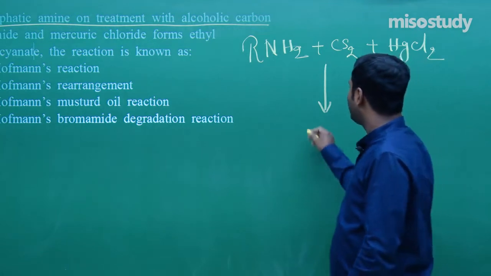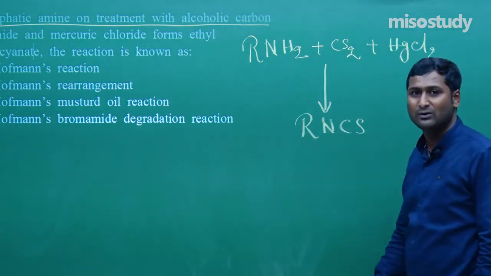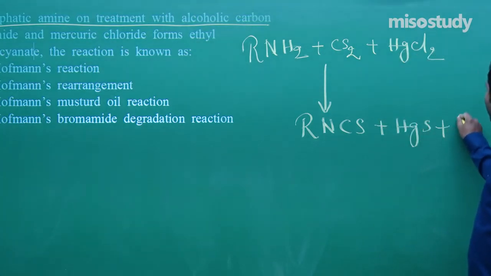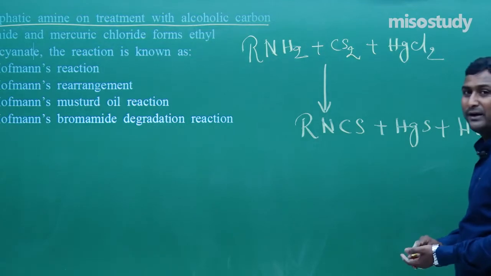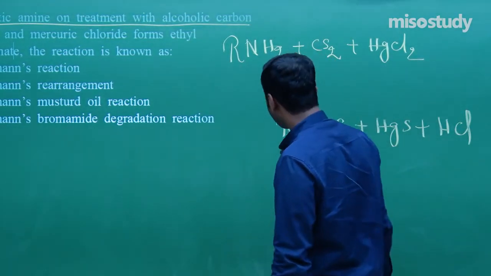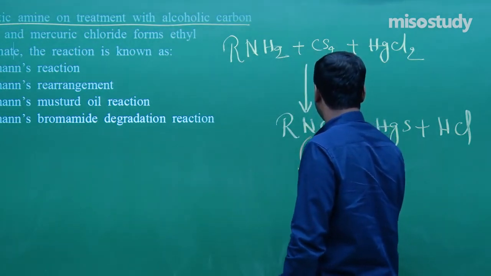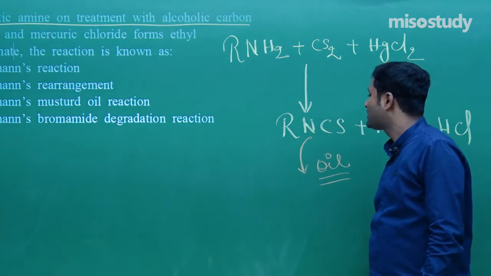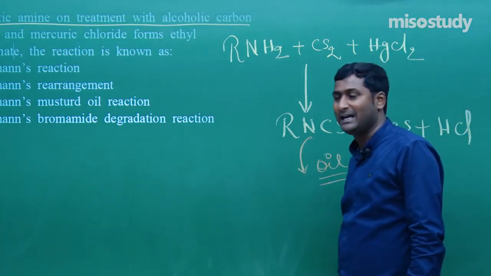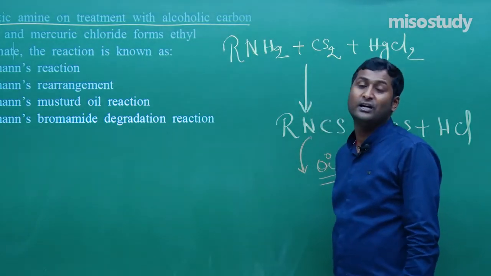What is formed? RNCS, ethyl isothiocyanate, plus HgS and plus HCl, and we all know this will look like an oil, a mustard oil, and smell like mustard oil. So remember this reaction, I discussed it during my lecture.